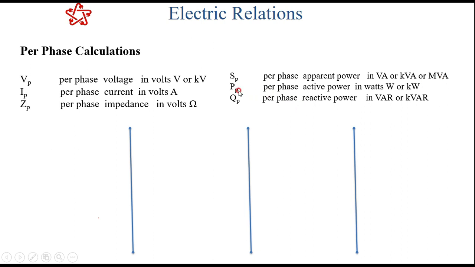Pp is the per phase active power, measured in watts, with bigger units kilowatts or megawatts. And Qp is the reactive power, measured in volt ampere reactive, with bigger units kVAR or MVAR.